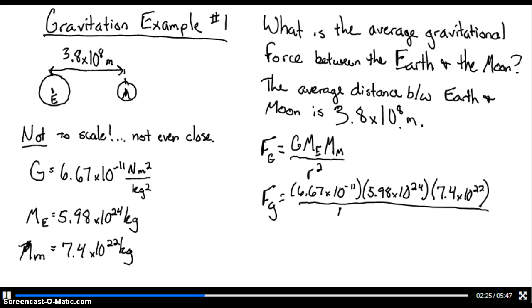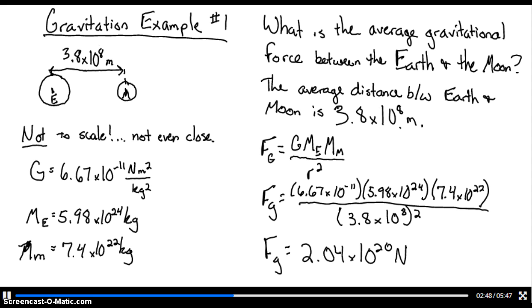That would be 3.8 times 10 to the 8th meters squared. We go through, evaluate that mathematically, and we get a force of gravity equal to 2.04 times 10 to the 20th newtons.